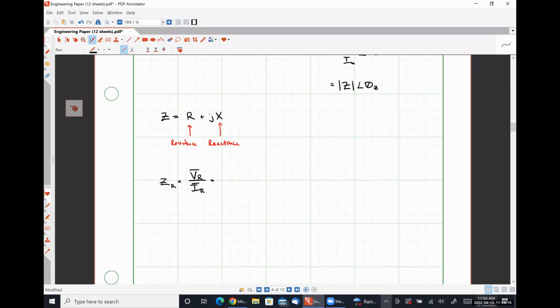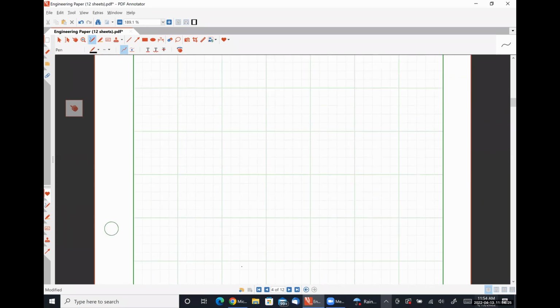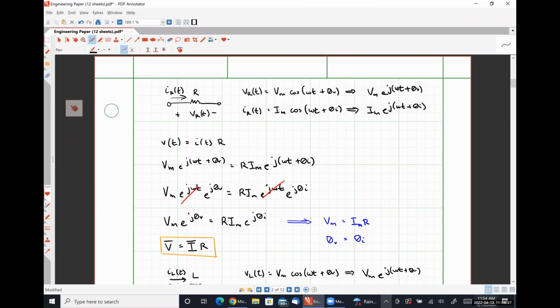Well, 20-ish minutes ago, we literally developed a relationship between those two quantities. So if we go back here, look at this expression in orange. If we divide both sides by phasor current I, that's giving us the impedance.